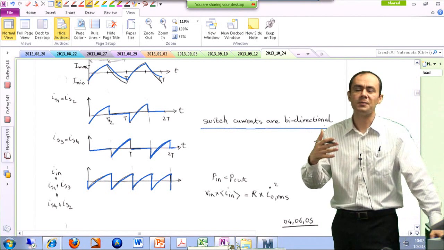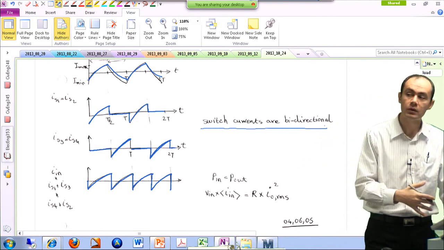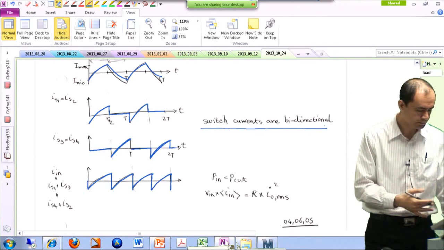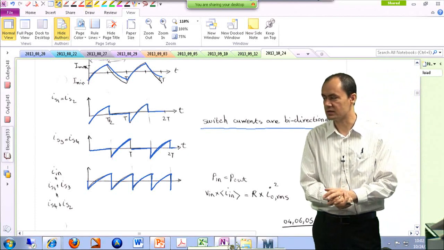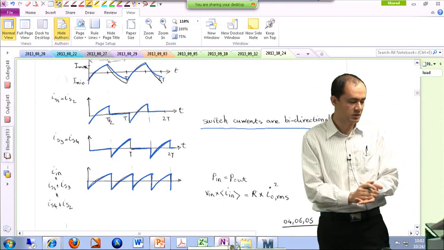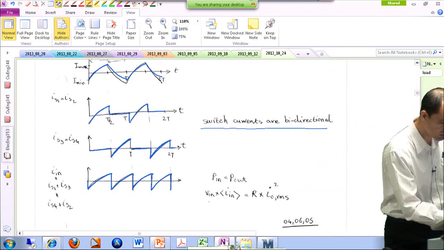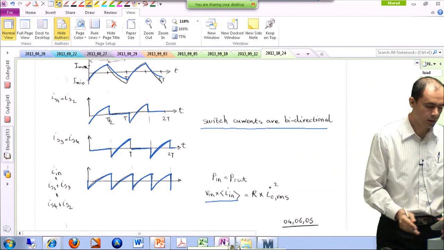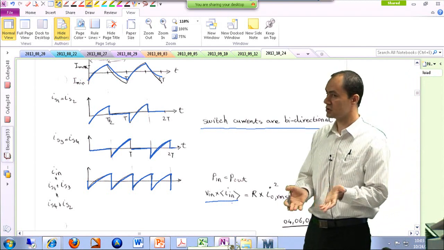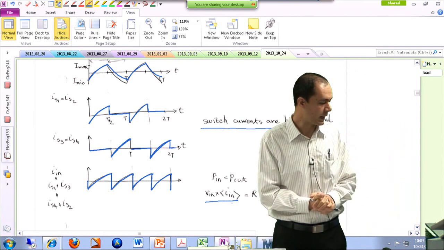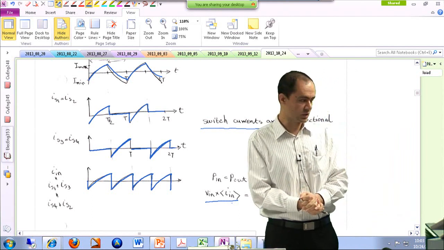The other one is always this power equation, that the input power is the same as the output power. On the input side, we have a DC source, so the input power is the value of this DC source times the average value of the input current, which is this expression over here. On the output side, we have an inductor that on average doesn't consume any power, so we have to just focus on the resistor.